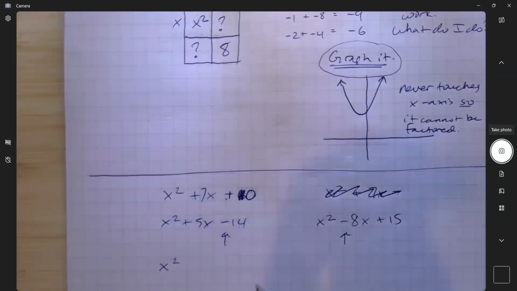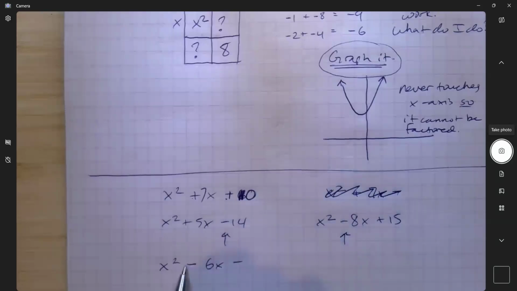Like, let's factor x squared minus 6x, oh no, that's not going to work.